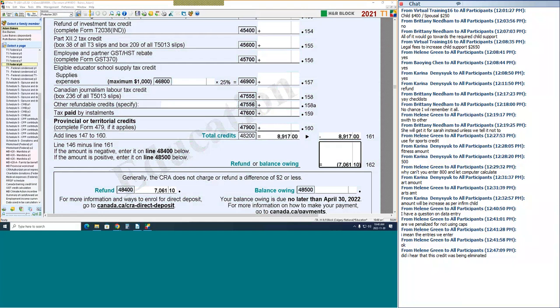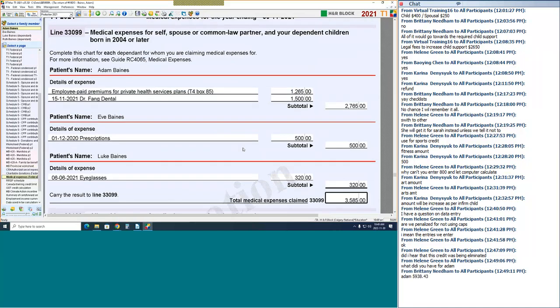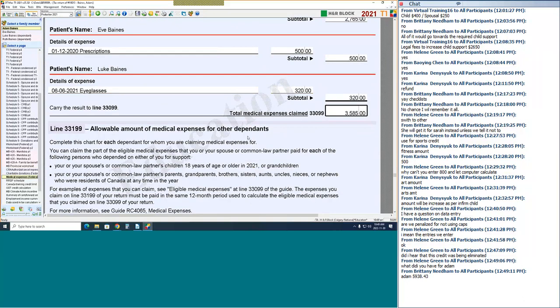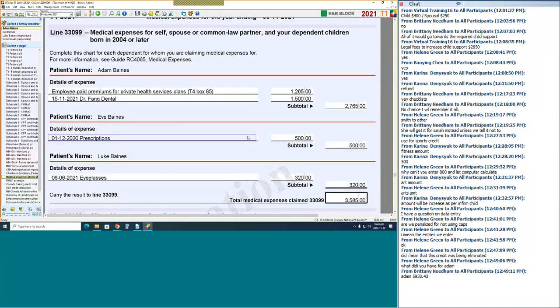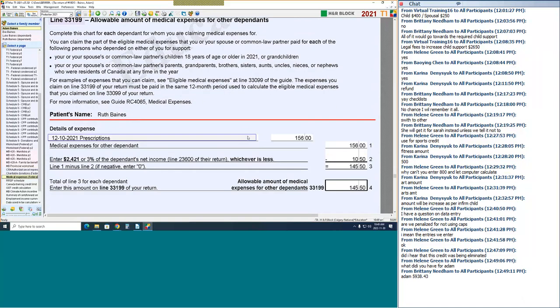There may be a few things that got added that weren't in the original in-class exercise. So you have a different one for Adam. I'm going to guess that that's from the medical expenses. So let's verify our medical expenses. What else did I add in for there?